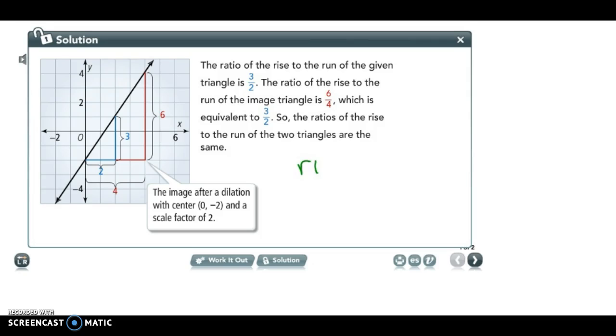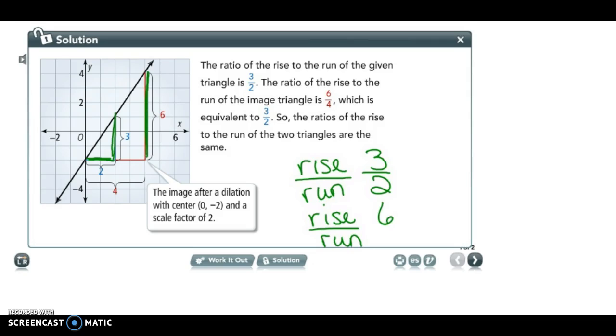at our rise, it is going to be how much are we going up, and that one is 3. And our run of our original triangle, how much does it go over? That is 2. So my rise over run is 3 over 2. For the second one, we're going to look at how much does it go up.